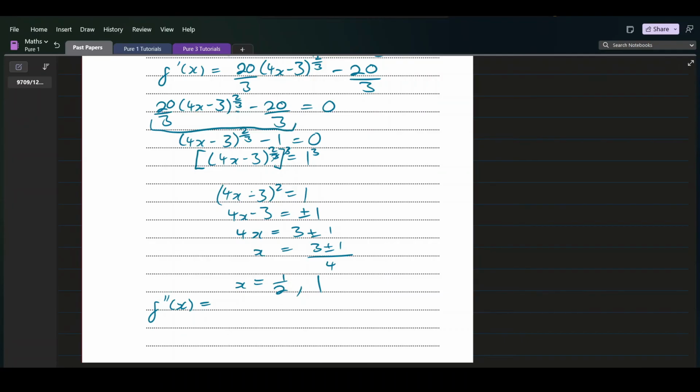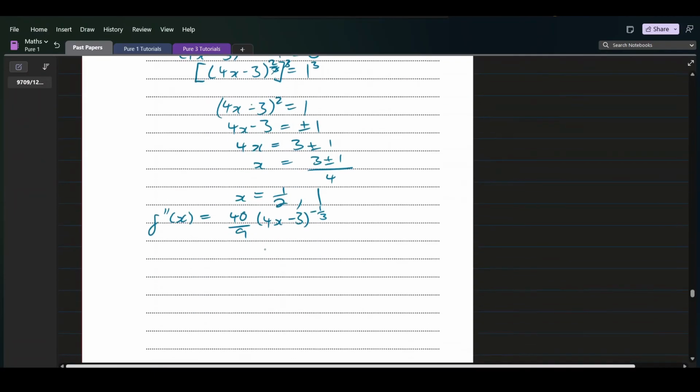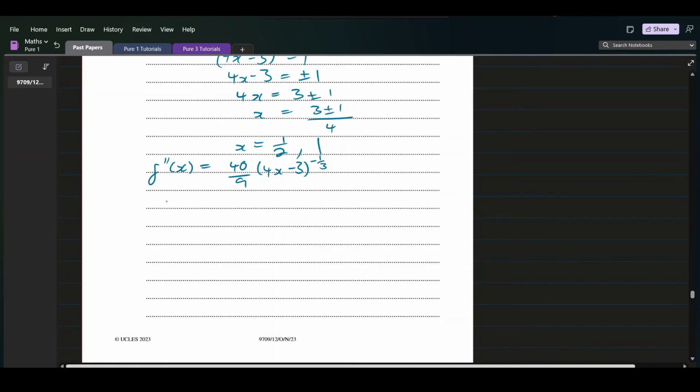If we drop that power, it would be 40 over 9 times 4x minus 3, to the power 2/3 minus 1, which would be minus 1 over 3, and then the minus 20 over 3 becomes 0. So this is our second derivative. Now let's evaluate it at x is equal to a half.